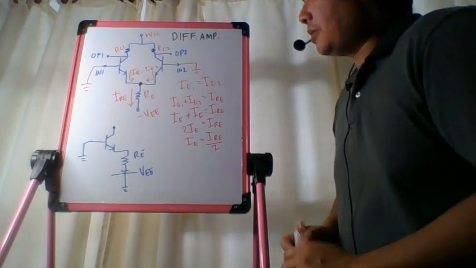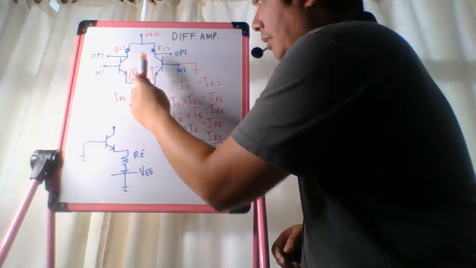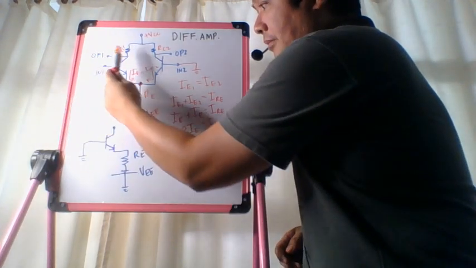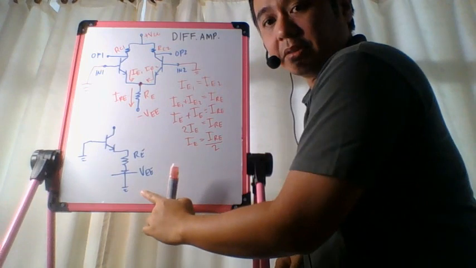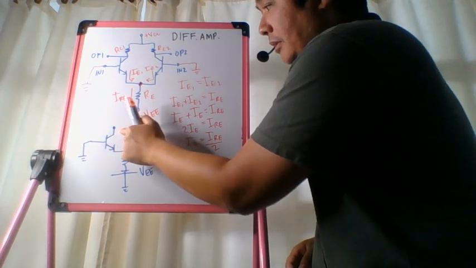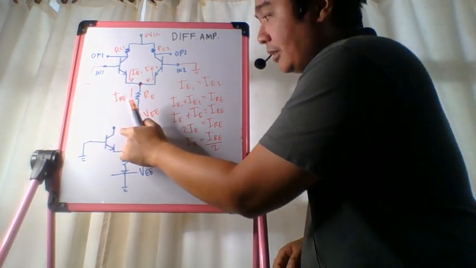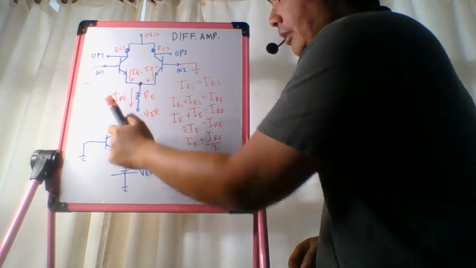Let us now isolate this part from the differential amplifier. So itong part na to, in-isolate natin, nilagay natin dito sa part dito sa baba. So the collector is temporarily disconnected from our circuit.